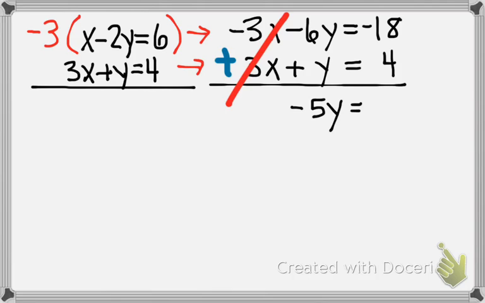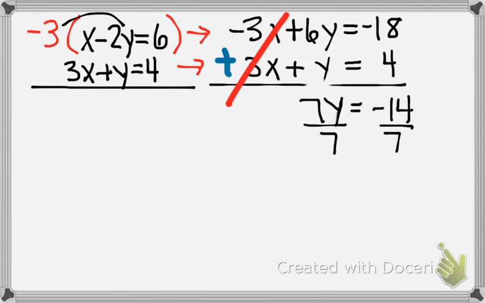Whoops, this should be a positive 6 because we distributed negative 3. So this will be 7y equals negative 14. When you divide both sides by 7, y is going to equal negative 2.